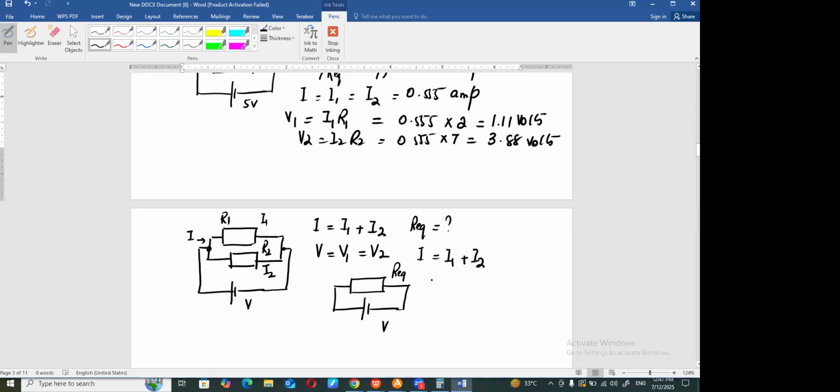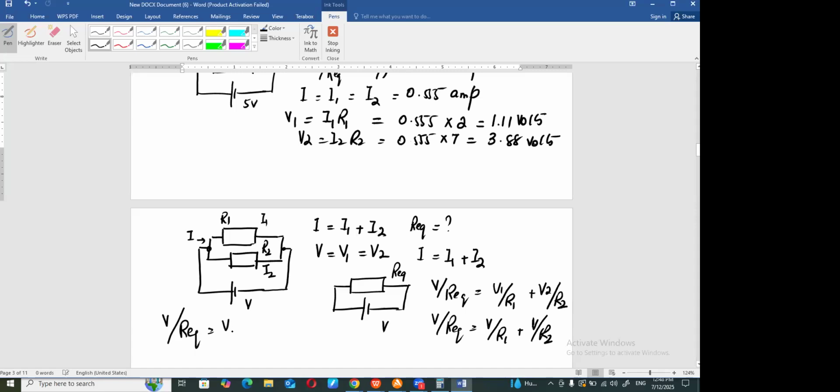Now we know that V upon R equivalent, V upon R equivalent. Now this voltage is the same for all the resistances. So V upon R1 plus V upon R2. Now you can just take V as common. So 1 upon R1 plus 1 upon R2. This V cancels, and you got a new formula.